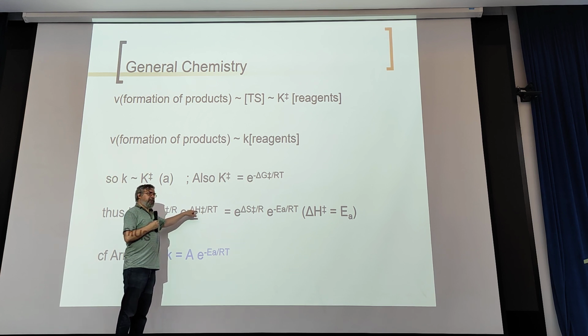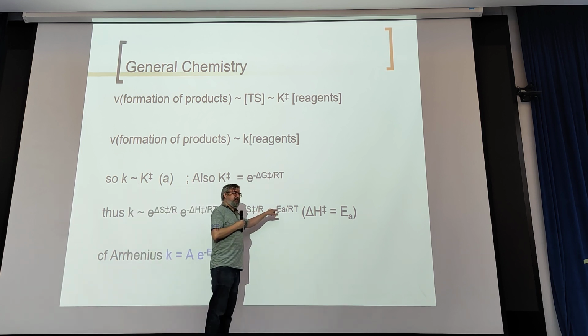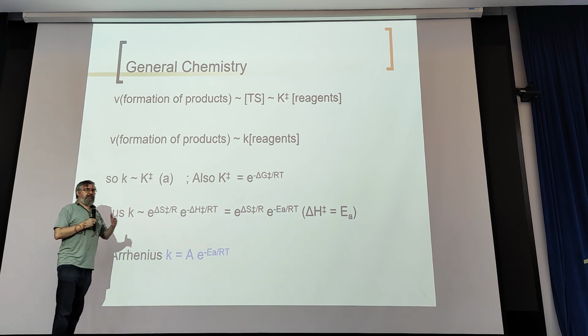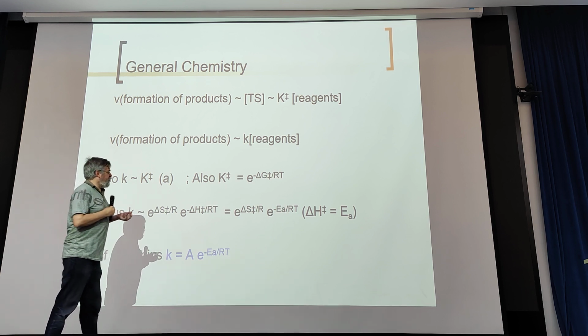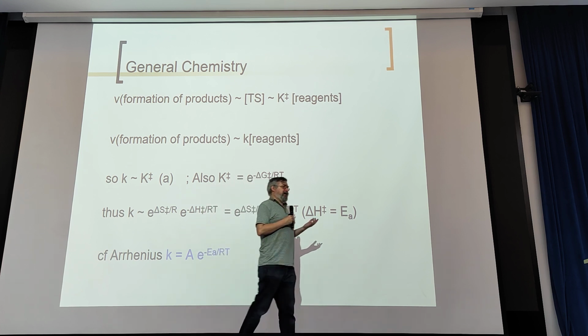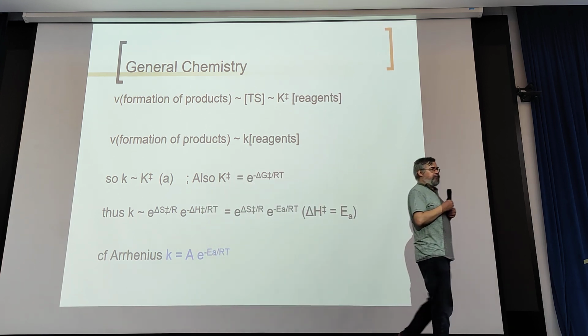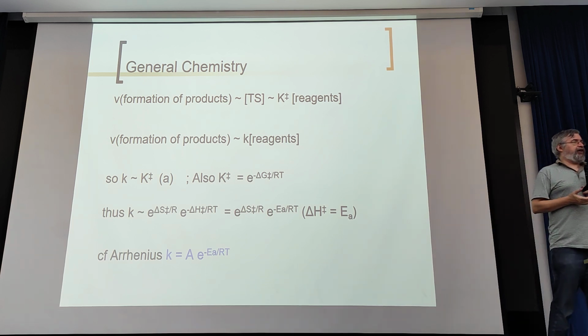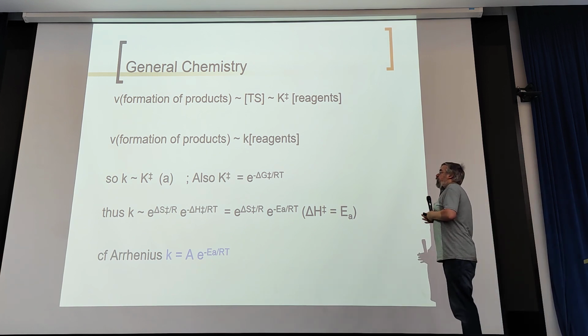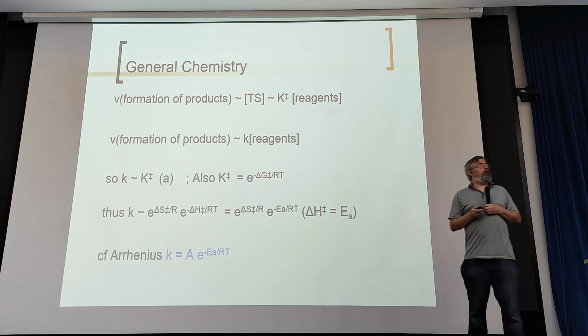And in fact, the enthalpy of the transition state is nothing else than the activation energy. So you can see this is actually nothing else than the Arrhenius law, because this now becomes the Arrhenius term A. Because that's a constant. The R is a constant, the delta S is a constant. So it's a kind of way to derive the Arrhenius law.